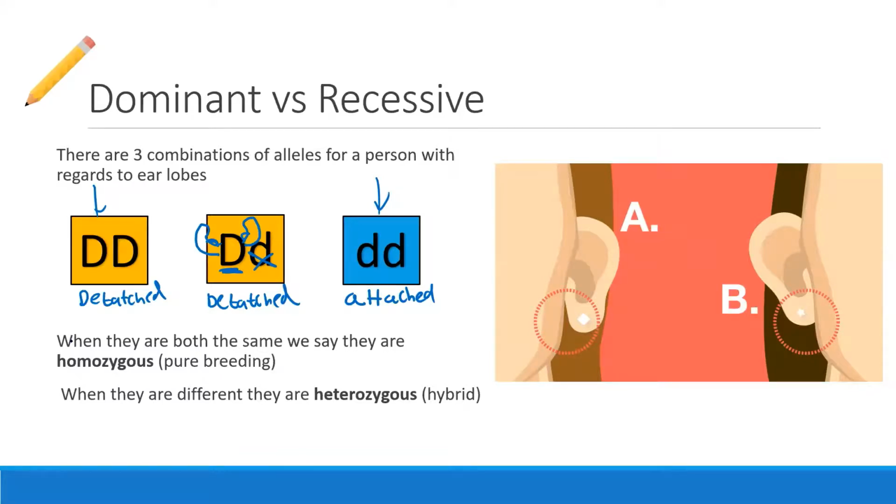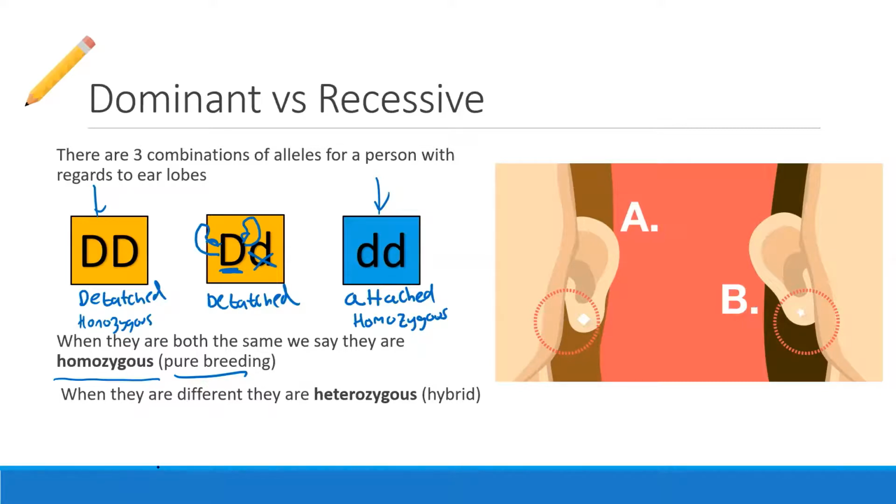Okay? Some technical terms here. When both are the same, we say this is homozygous or purebred. So this one here, the top, this is homozygous because they're both uppercase D. This one here is also homozygous because they're both lowercase d. They call this pure breeding.